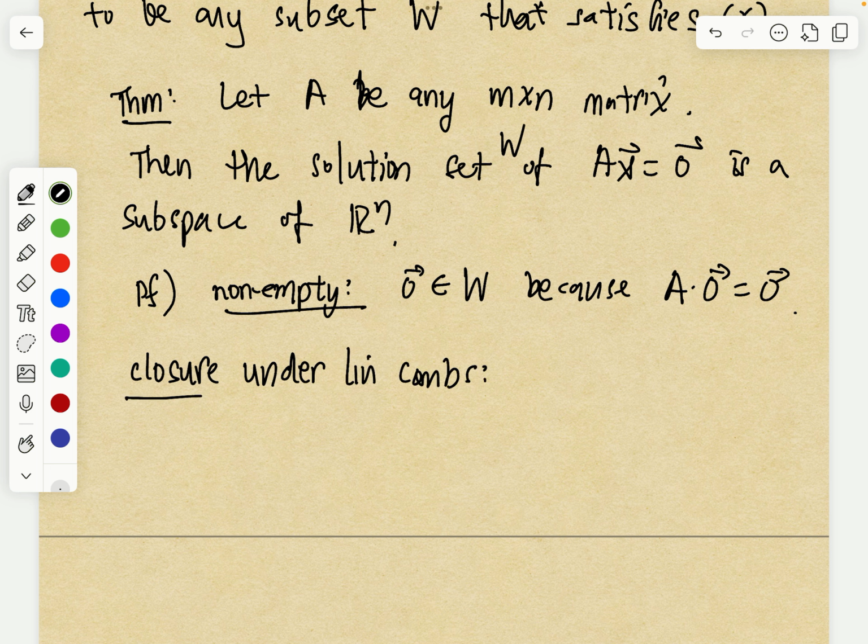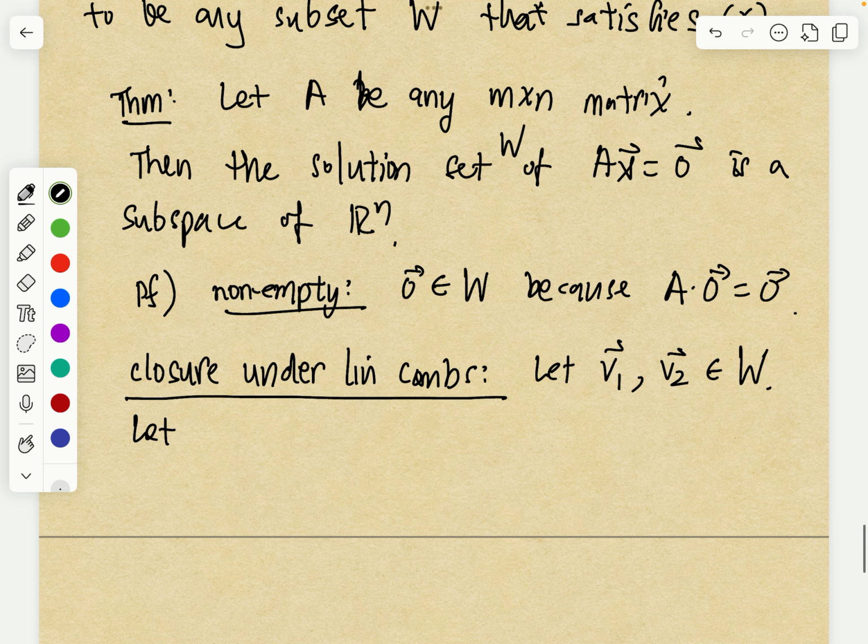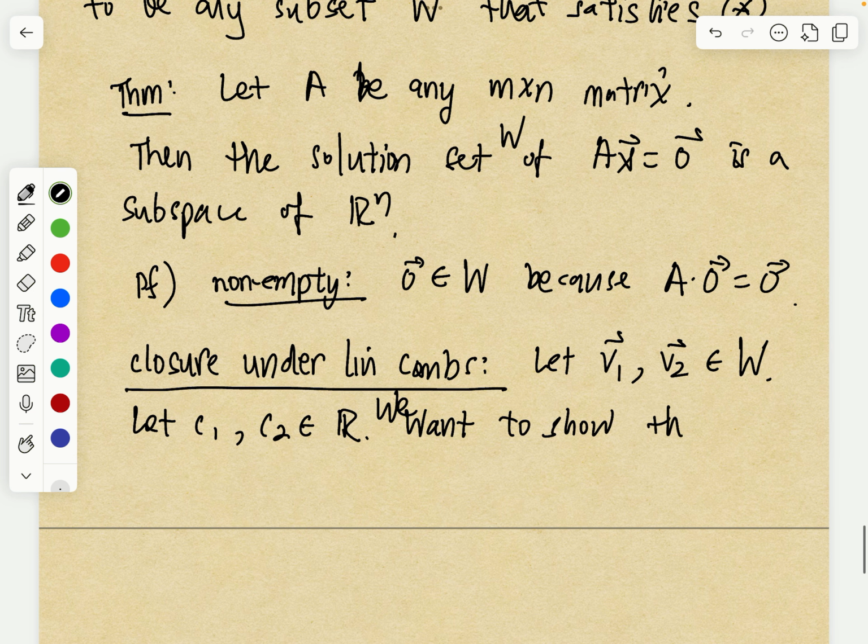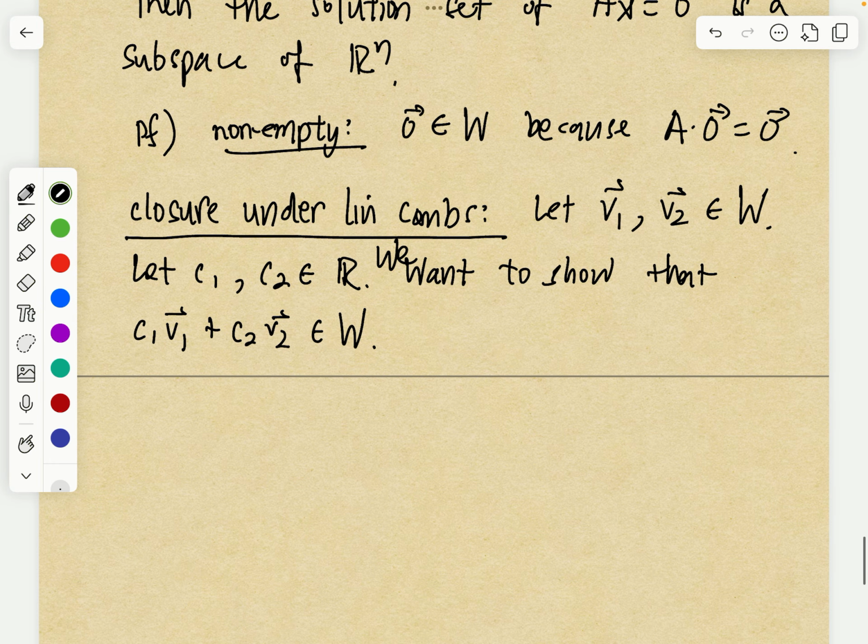See, that's one criterion. So we would say let V1 and V2 be in W, and let C1 and C2 be real numbers. We want to show that C1 V1 plus C2 V2 is an element of W. Well, again, we have to use the definition of W. It's all the vectors that A maps to 0.